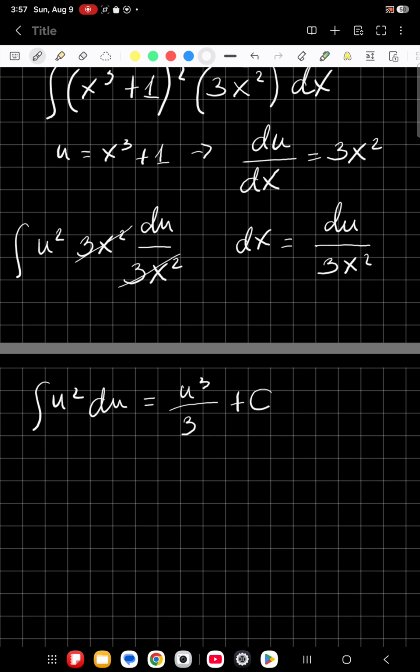Now the last step is to replace u to the third with the original expression. So we have (x cubed plus 1) to the third over 3 plus c. Okay, so that's the solution.